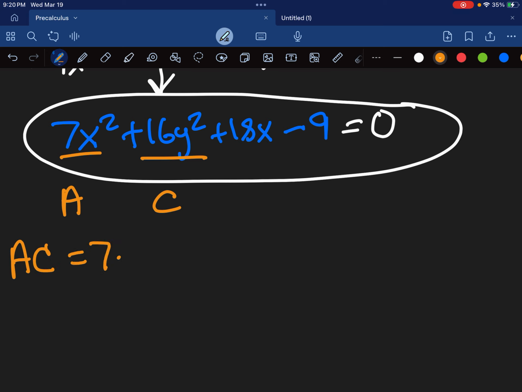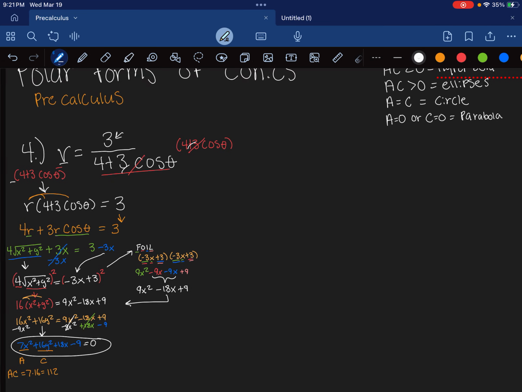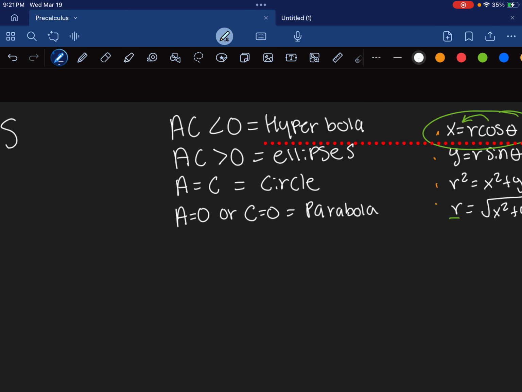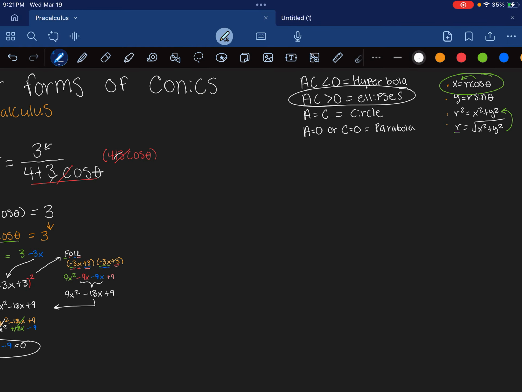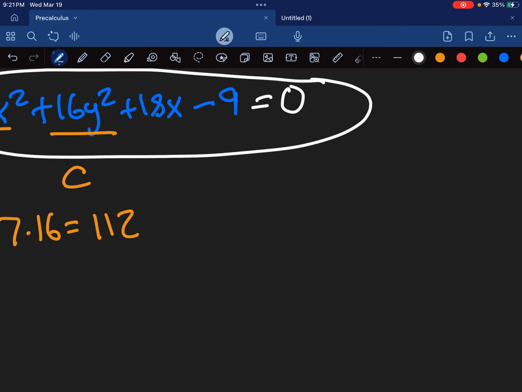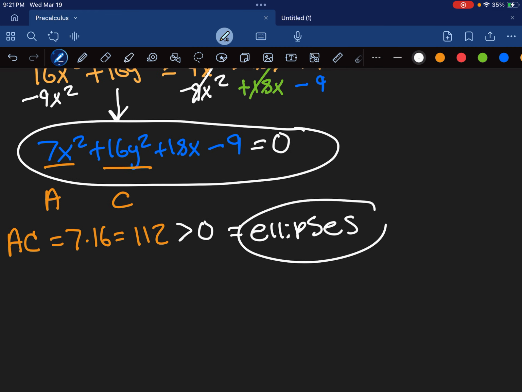So 7 times 16 comes out to 112. And if we go back to our rules on naming conics, we see right here that we're going to be looking at this one right here, the ellipse. So we know that 112 is greater than 0, so that means it equals an ellipse. So these two will be our final answers.